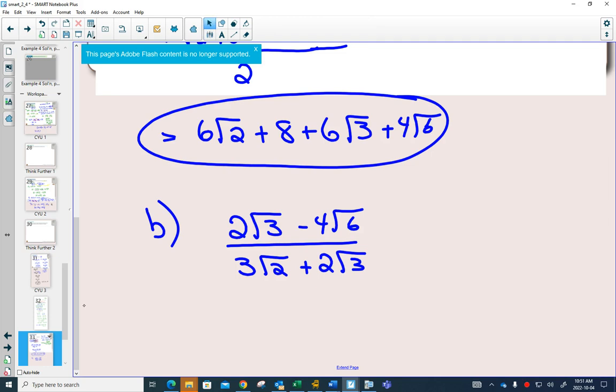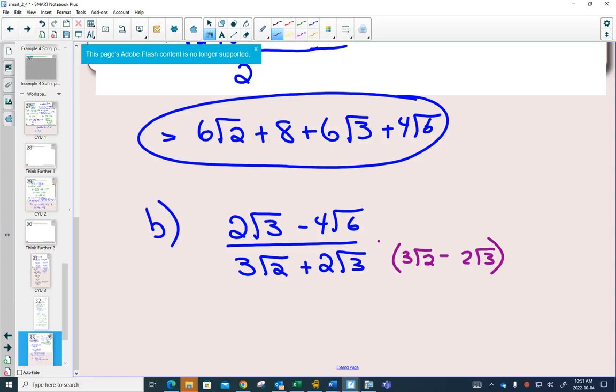So, switch colors here. I'm going to need to multiply the bottom by its conjugate to make a difference of squares. Because if I can square the first one and square the second one, my square roots would go away. So it will have to be a 3 root 2, a 2 root 3, but since this one has the plus sign, mine is going to have the minus sign.